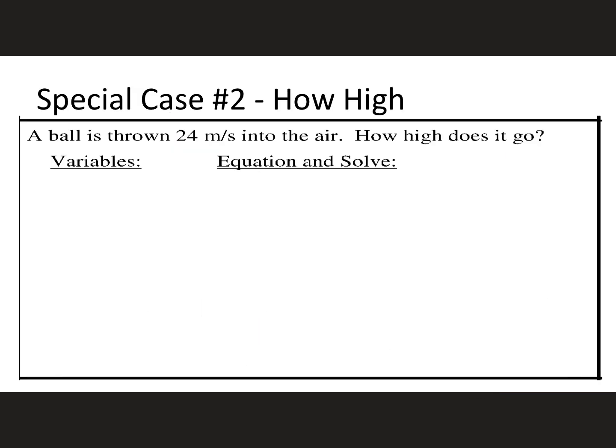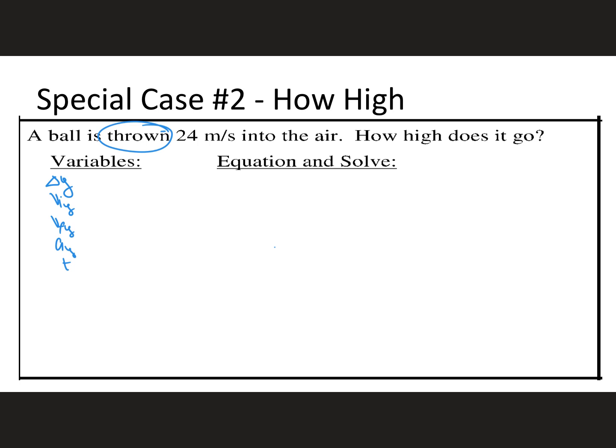All right, keep moving. Next case, I'll read it. You can hit pause and come back. It says a ball is thrown 24 meters per second into the air. How high does it go? Hit pause, try it out yourself, come on back. All right, so again, one number is a clue, it's in free fall. That it's thrown is another free fall clue, code word.